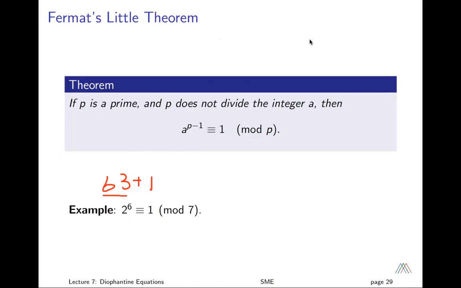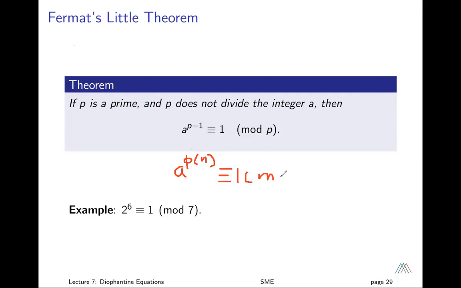There's a more general version of Fermat's Little Theorem, and it looks very similar to this, except the power here is slightly different. I'll define what this phi of n is.